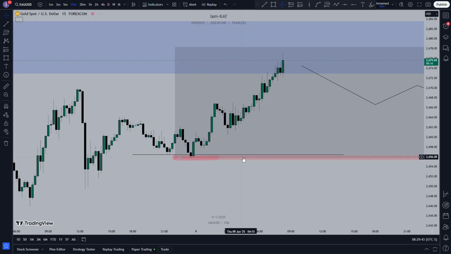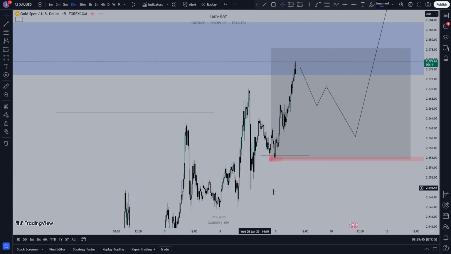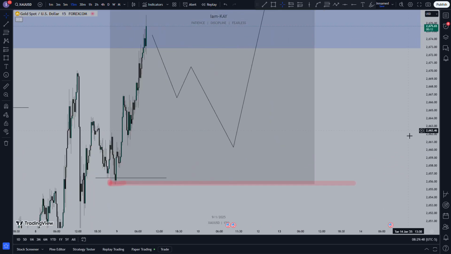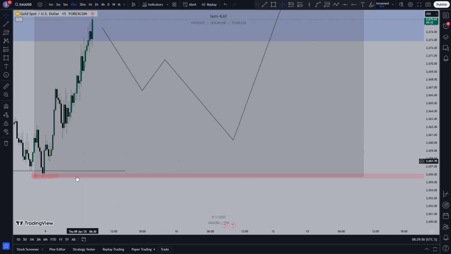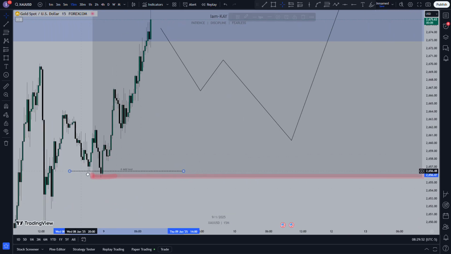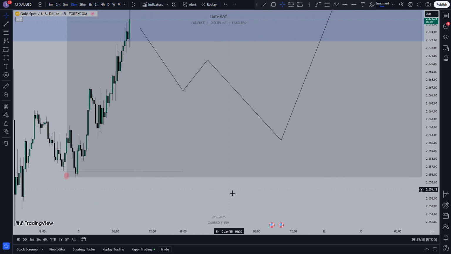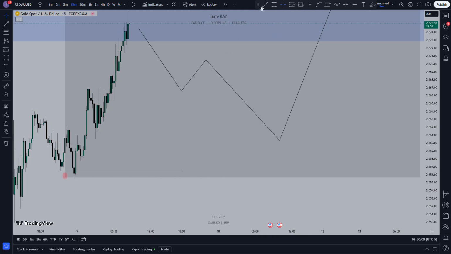Yeah, let's go down to the 15 minutes time and let's look for that trade. So this is the sweep. Aside from this sweep here, there's no other sweep. Let me delete this. So if you're looking for an entry, you have this liquidity. So you wait for something like this to happen.